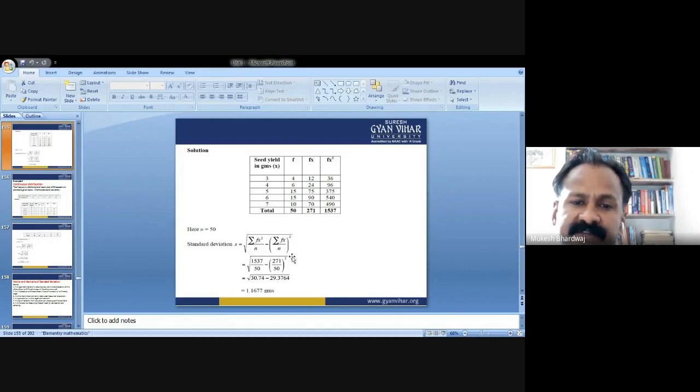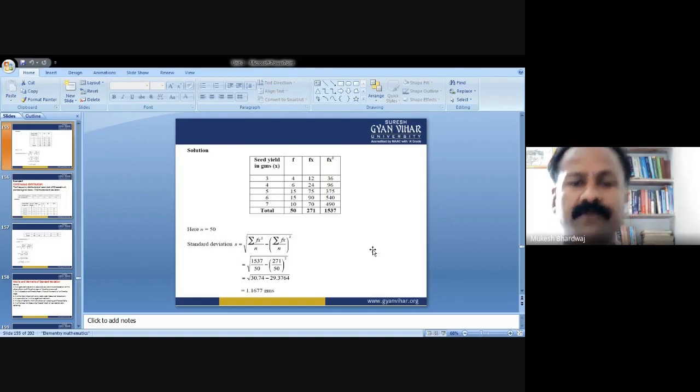So put 271 divided by 50 and square it, and finally take the square root, and finally you get the answer as 1.1677 grams. So this is the standard deviation for a discrete type of data or grouped data.